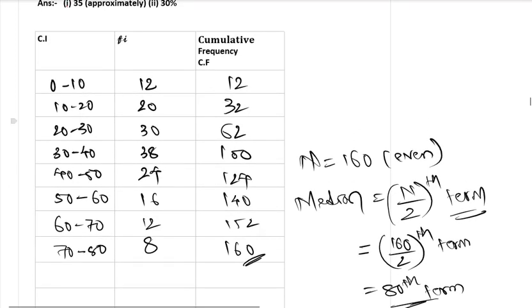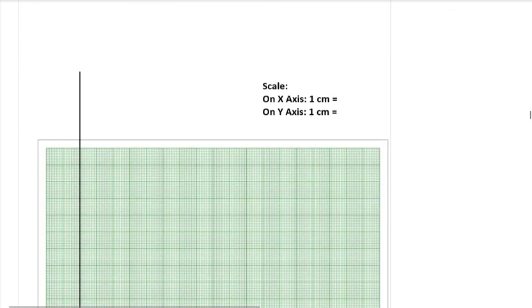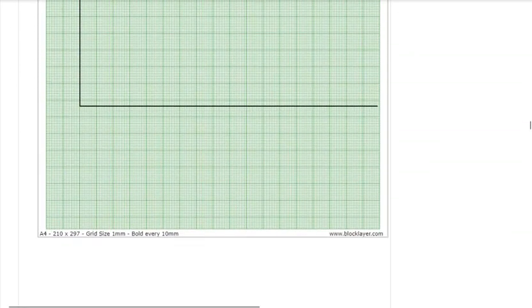The scale seems pretty simple. On x-axis, it is 0 to 80. So I'm just going to take 1 centimeter is equal to 10 units. No fancy scales over here. Okay, this has been shifted somehow. Let me bring it down.